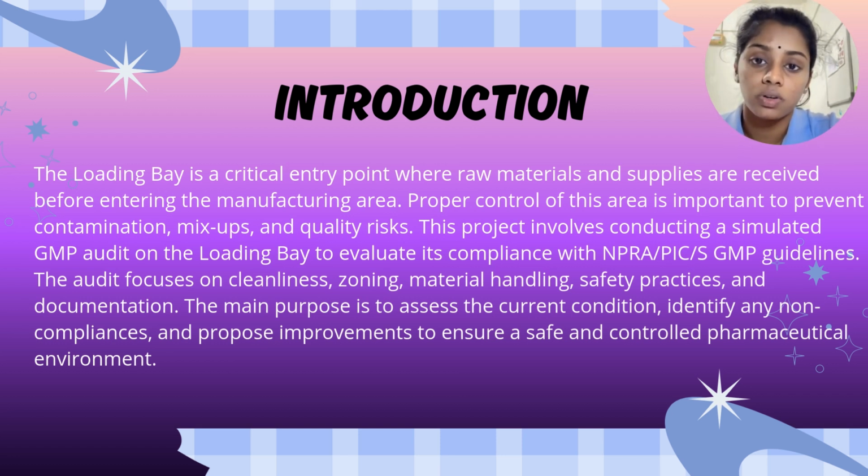The audit focuses on clean lines, zoning, material handling, and safety practices documentation. The main purpose is to evaluate the current condition of the loading bay, identify any non-compliances, and propose improvements to ensure a safe and controlled pharmaceutical environment.